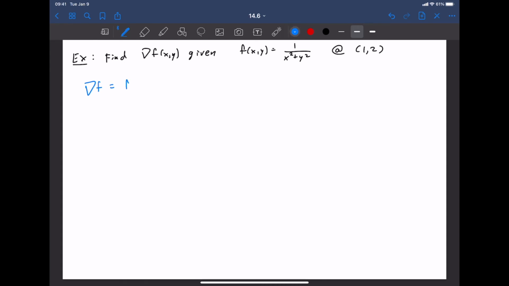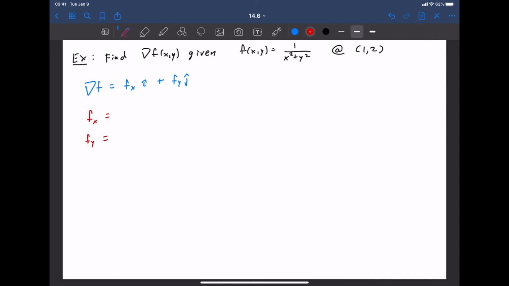The gradient of f is the vector of the x partial derivative plus the y partial derivative, put into vector form. So on your paper right now, pause the video and try to find our two partial derivatives. Pause the video now. 3, 2, 1.